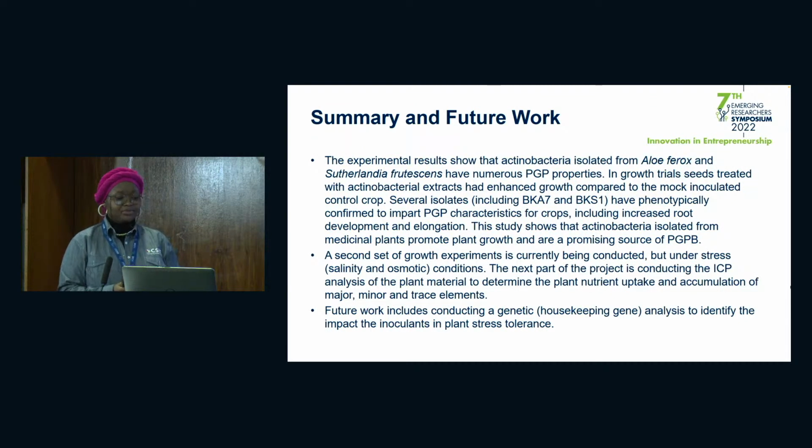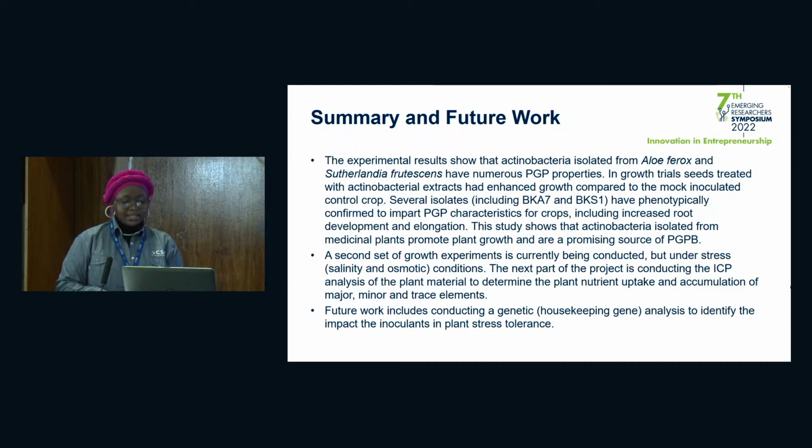So the experimental results show that actinobacteria isolated from Alloferox and Sutherlandia frutescens have numerous plant growth promoting properties. In growth trials, the seeds treated with the actinobacterial extracts enhanced growth in comparison to the control plant that was not inoculated with the actinobacteria.